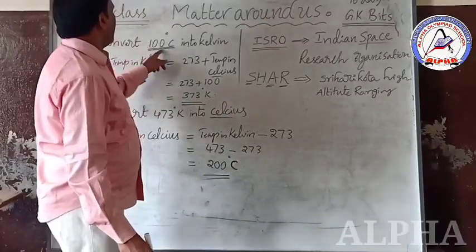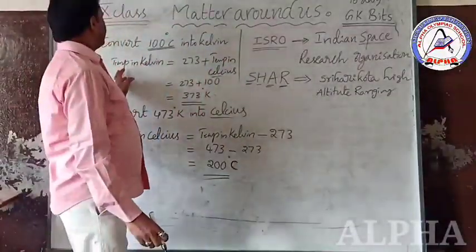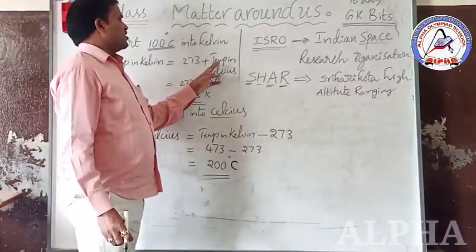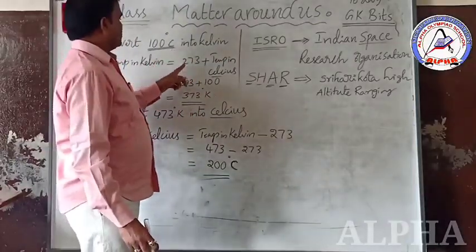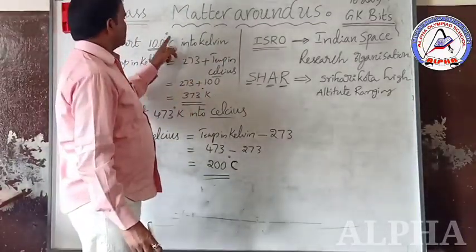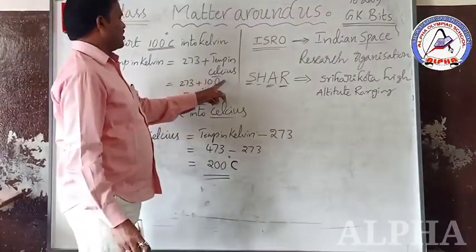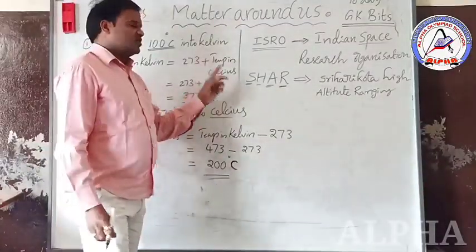One more time, 100 degrees centigrade into Kelvin. Temperature in Kelvin is equal to 273 plus temperature in Celsius, which is 100 degrees centigrade, so 373 degrees Kelvin.